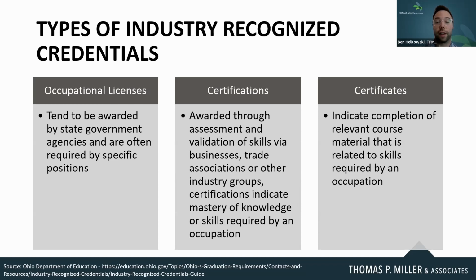Information outlined in the database includes a job name, education requirements, training hours required, whether or not the program requires an exam, the cost of the license, and much more. And again, these tend to be awarded by state government agencies and are often required by specific positions.